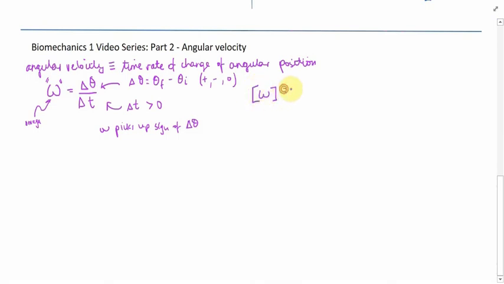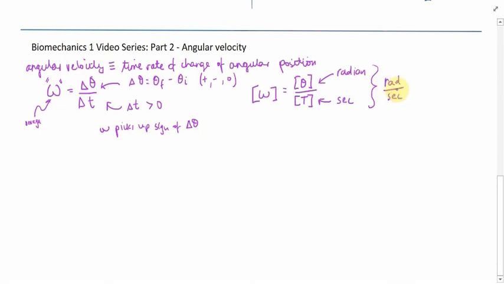What is the SI unit of angular velocity? Well, it is the unit in which angular position is measured, which we discussed in a previous video is the radian, divided by the unit in which time is typically measured, which is the second. So the SI unit for angular velocity is radians per second.